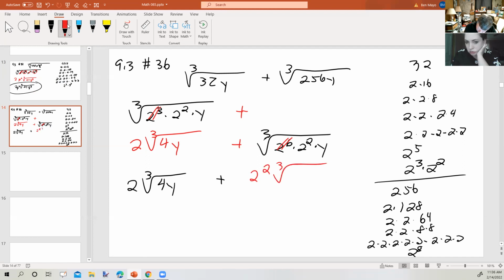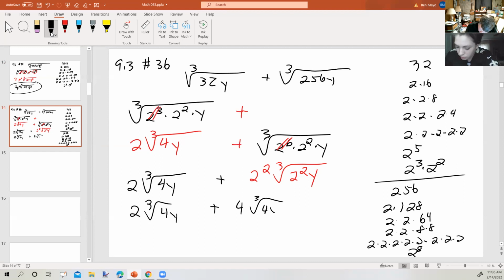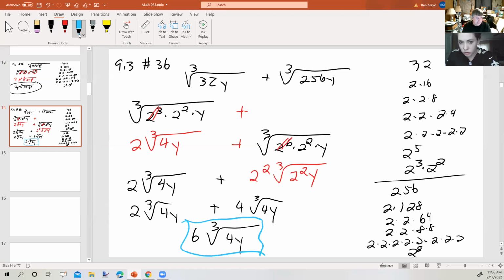And then I have this left inside. So I've got 2 cube roots of 4y plus 4 cube roots of 4y. So now these are like radicals, and I would get 6 cube roots of 4y as my final answer.